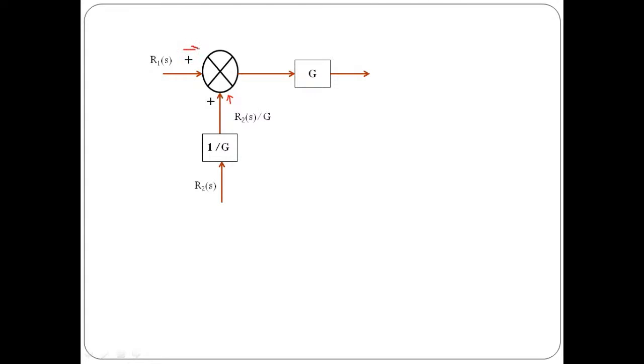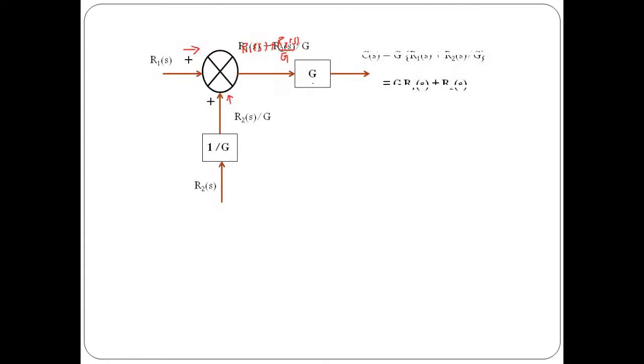Here we have another signal, we need to add them, so it is going to be R1 of S plus R2 of S whole divided by G. Now this is provided as an input to this particular gain.